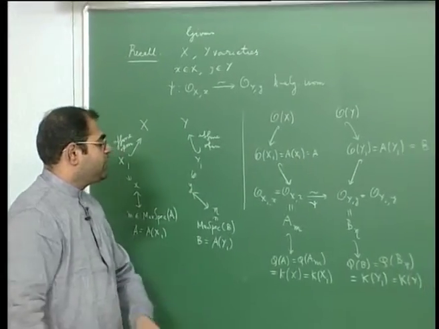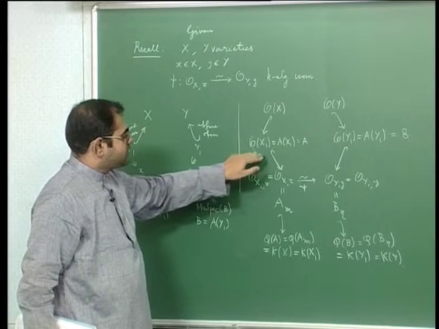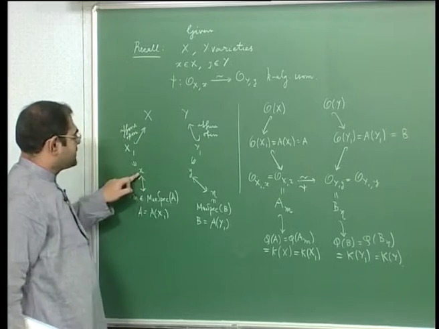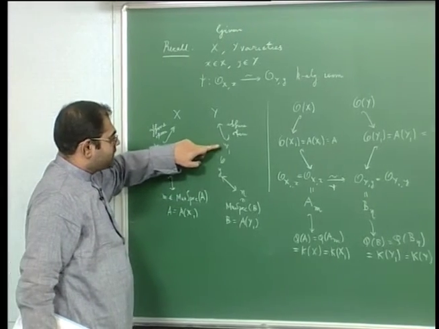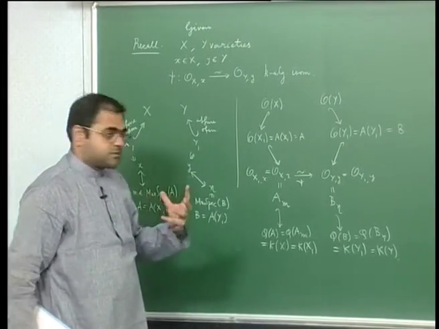Somehow I have to use this psi to produce an isomorphism between an open subset of x1 containing the point x and an open subset of y1 containing the point y. So I have to somehow cook up those open sets.